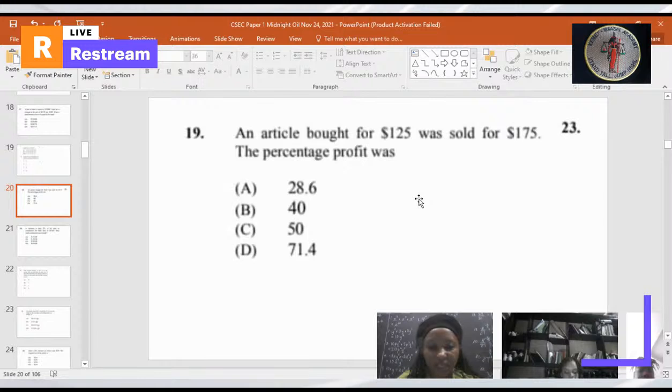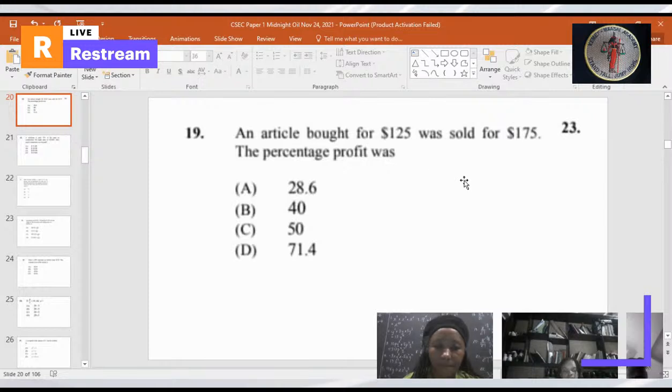All right, Dreshan, take number 19. An article bought for $125 was sold for $175.